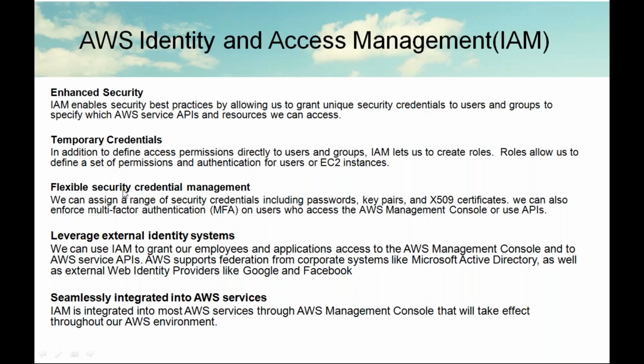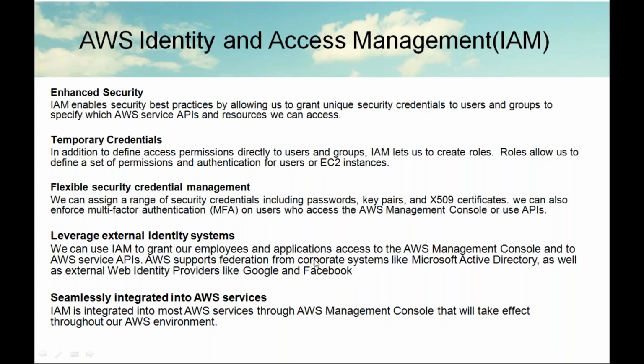So, flexible security credential management. We can assign a range of security credentials, including passwords, key pairs, which you already know, and X.509 certificates, authentication certificates. We can also enforce multi-factor authentication, which we just discussed, on users who access the AWS Management Console or use application interfaces. Leverage external identity systems. We can use IAM to grant our employees and applications access to the AWS Management Console and to AWS service APIs.